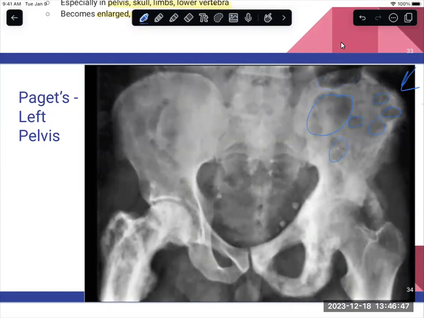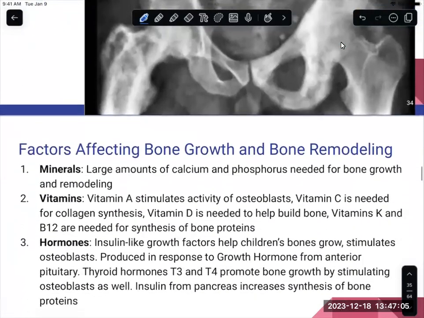All of these holes are because osteoclasts have broken down that bone so fast that those osteoblasts building bone can't keep up. This is called a moth-eaten pattern. This is what you'd see on an x-ray of somebody who has Paget's disease.